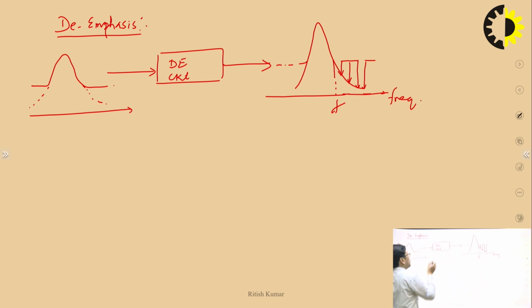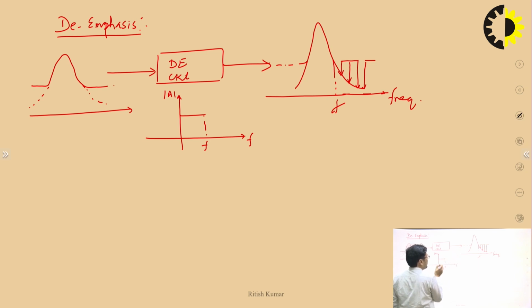So what should the response of the system look like? Up to the certain frequency there should not be any change in the system, while after the certain frequency f, you have to decrease the signal strength. That's why the system response should be linearly decreasing. So this is minus 20 dB per decade, right?